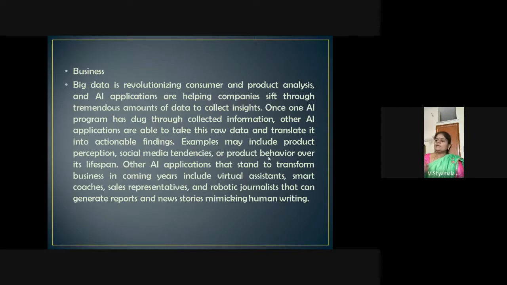Examples may include product perception, social media tendencies, or product behavior over the lifespan. Other AI applications that stand to transform business in coming years include virtual assistants, smart coaches, sales representatives, and robotic journalists that can generate reports and news stories mimicking human writing.